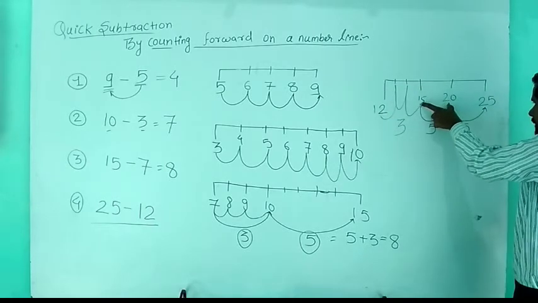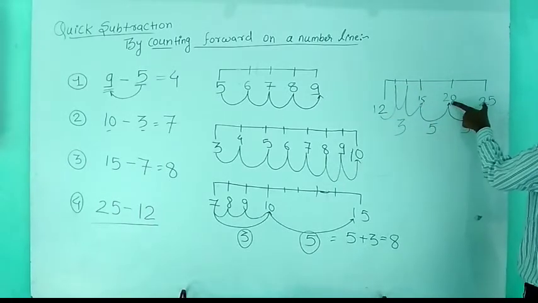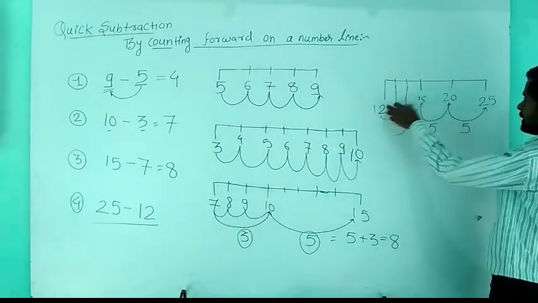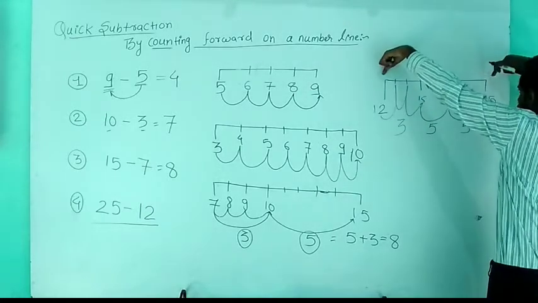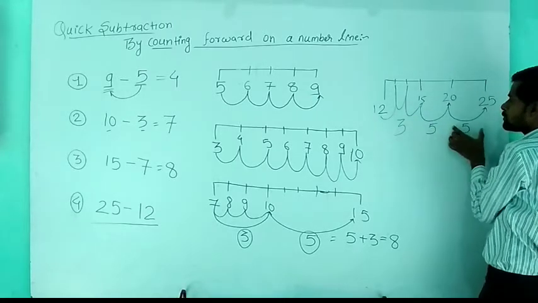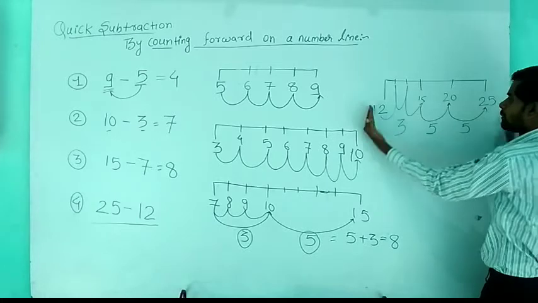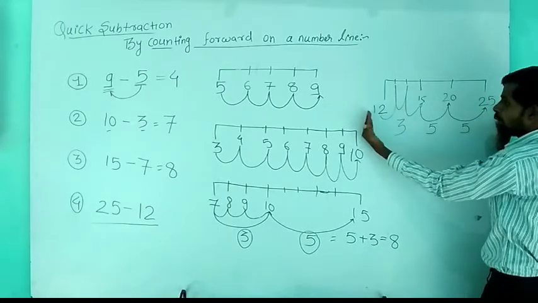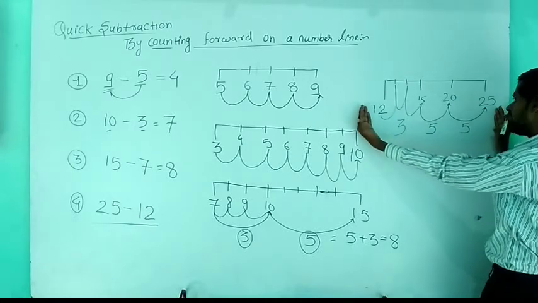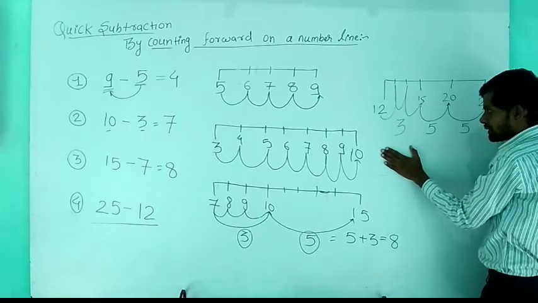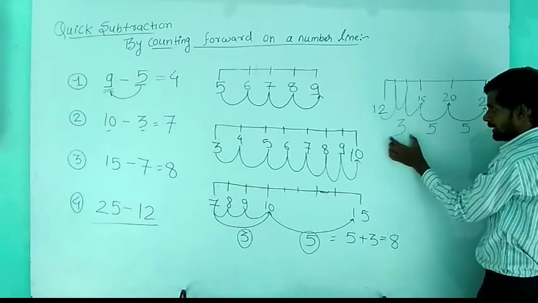These two numbers, that means 15 and 20 is 5, and 20 to 25 there is 5. Okay, now अब हम लोग क्या करेंगे, हमको तो ये पूरा डिफरेंस चाहिए from 12 to 25, but we have the difference between the two numbers. हमारे पास छोटे छोटे डिफरेंसेस है, तो अगर हम लोगों को पूरा डिफरेंस फाइंड आउट करना है, so we will add these numbers. So we will get the overall difference between the 12 and 25. मैं फिर से बोलता हूँ, ठीक है? We have the difference between 12 and 15, that is 3.